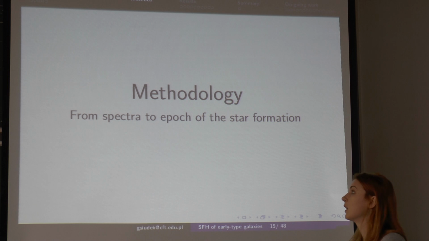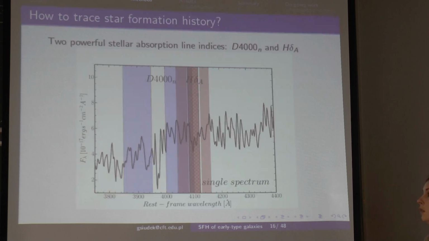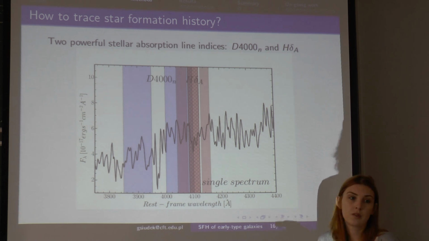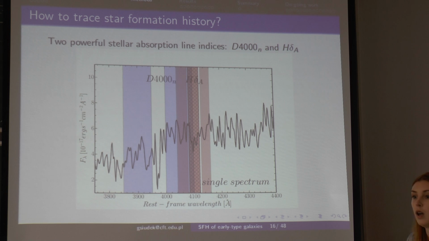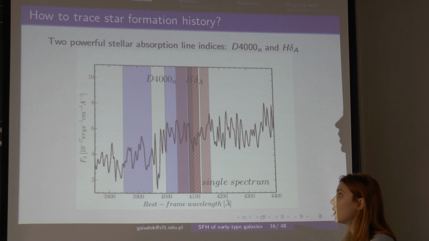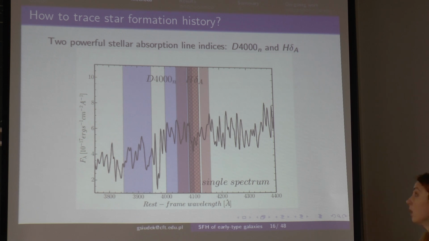So how can I track the star formation history? Of course, I can use photometric data, but the most robust method is to analyze the spectral lines. So in my work, I'm analyzing the D4000 and H-delta index.